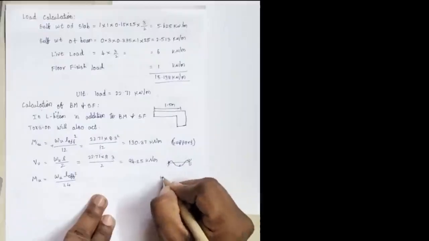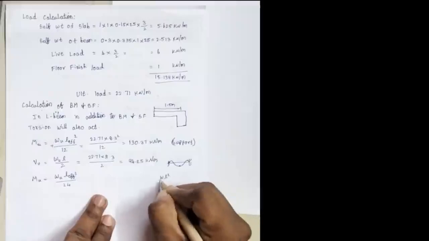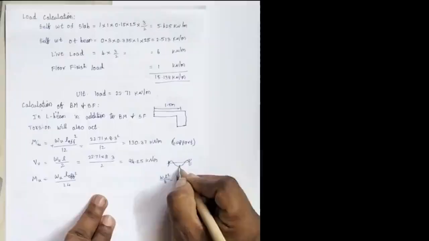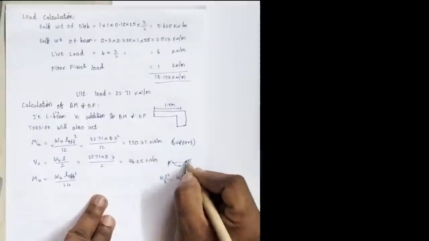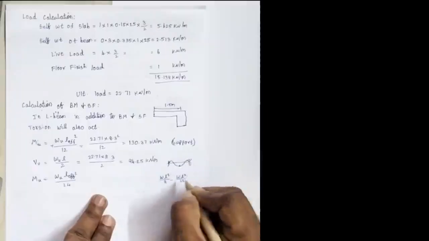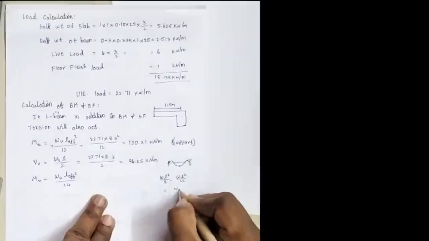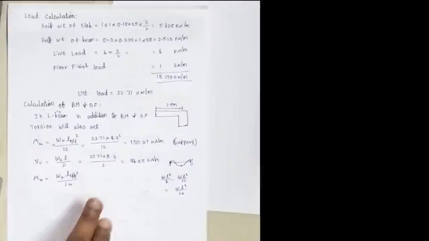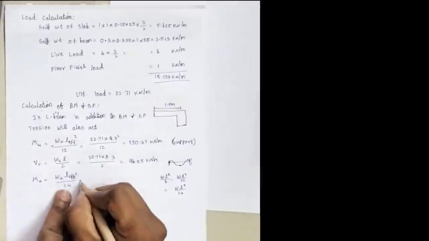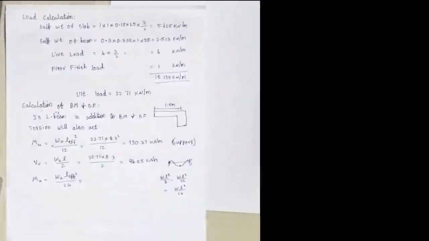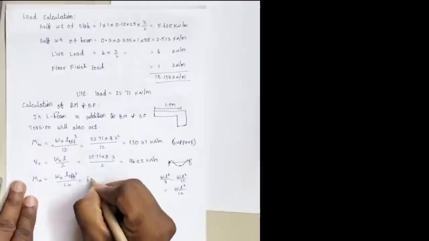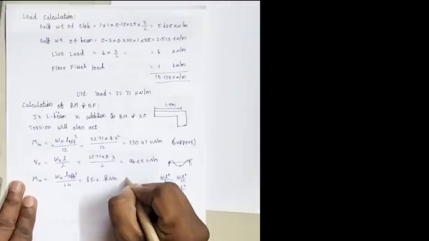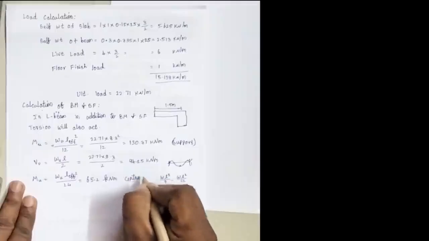So WL square divided by 8 minus WL square divided by 12. At the center we will have this moment, and at this point we will have this moment. If you nullify this, then we will get the value as WL square divided by 24, which I have used here. If you substitute this, then the value will be 65.2 kilonewton meter. This will happen at the center of the beam.